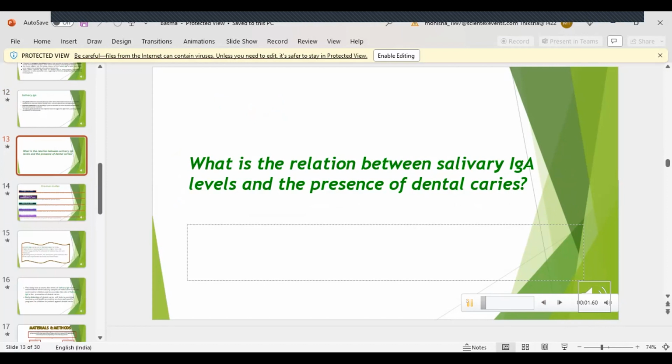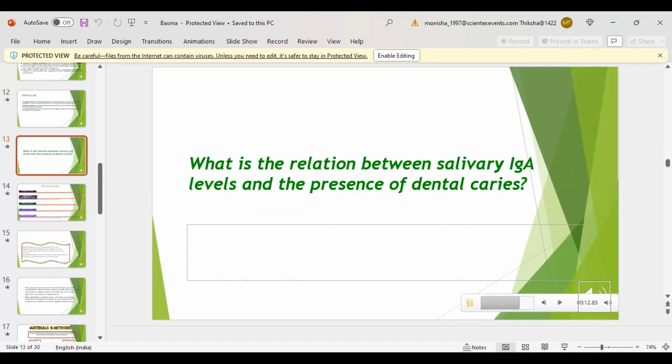So, the question that will arise from the beginning is what's the relation between salivary IgA level and the presence of dental caries?